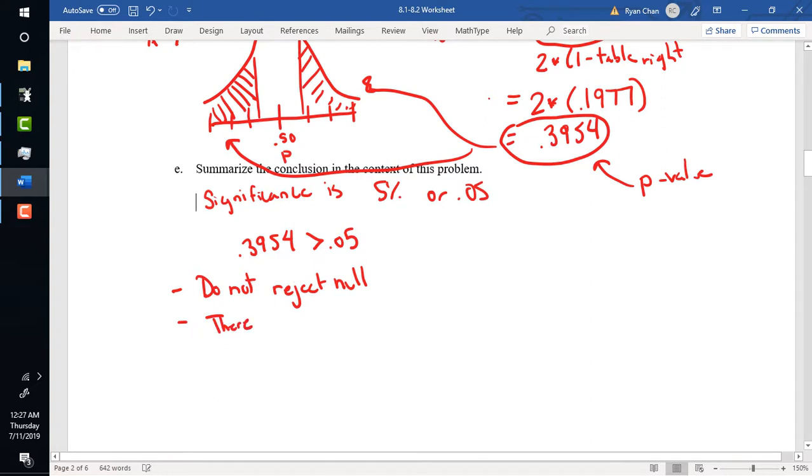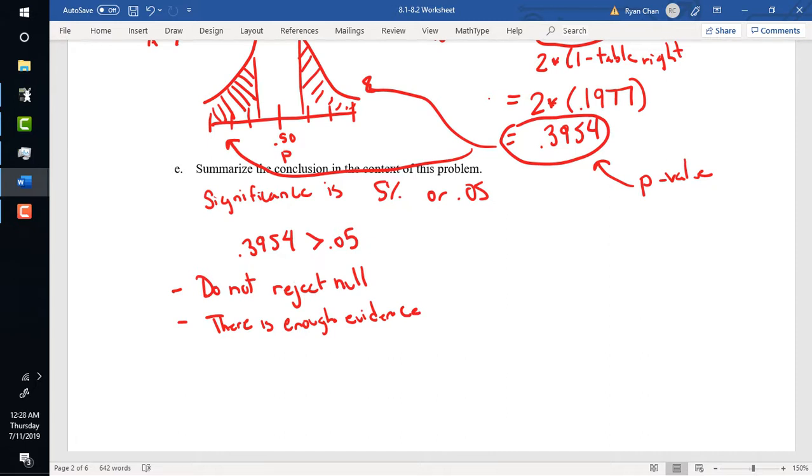There is enough evidence for the coin to not be fair.